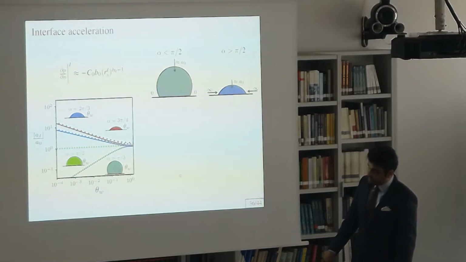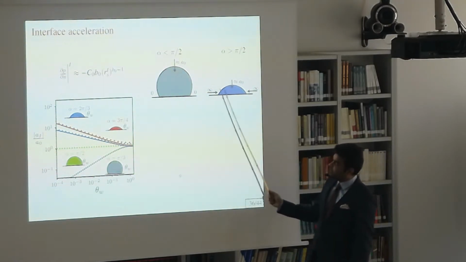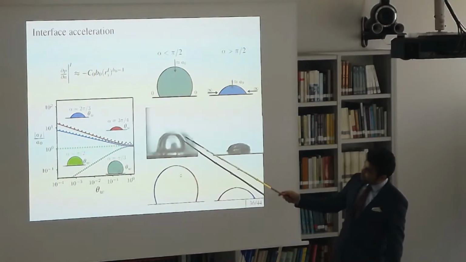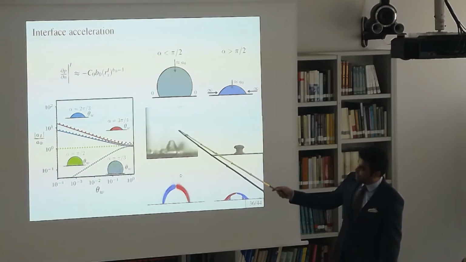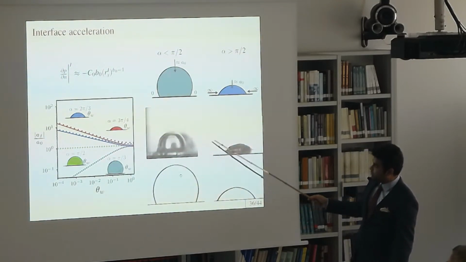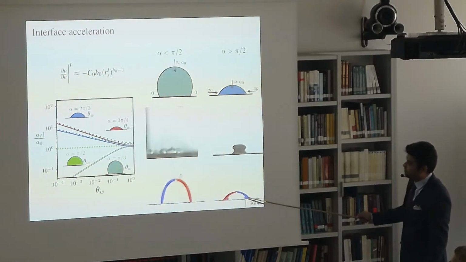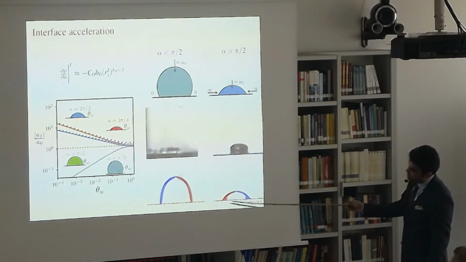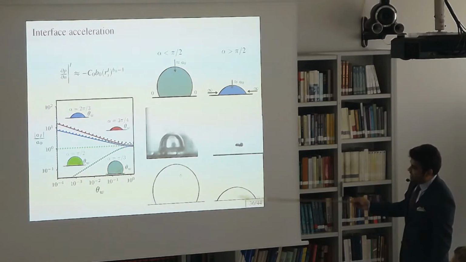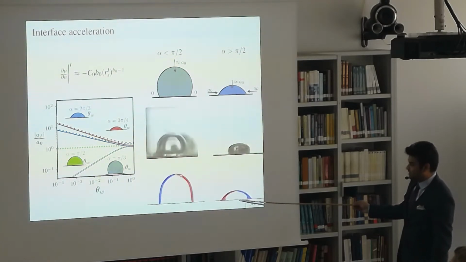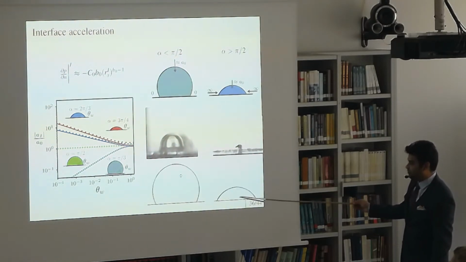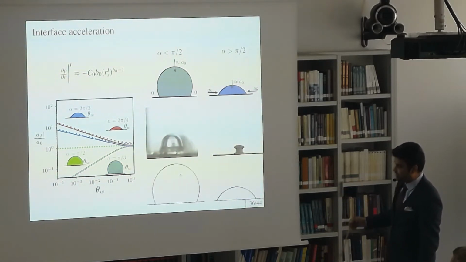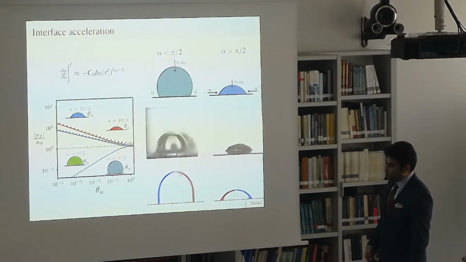And one can already start to imagine what will happen when these bubbles collapse: this bubble will lead to a jet which is going towards the wall, whereas these bubbles with open angles would lead to a jet which is going in the direction parallel to the wall. And as they reach the axis of symmetry, there is a stagnation point that appears at the axis of symmetry, and we see a jet that goes in the direction opposite to the wall.